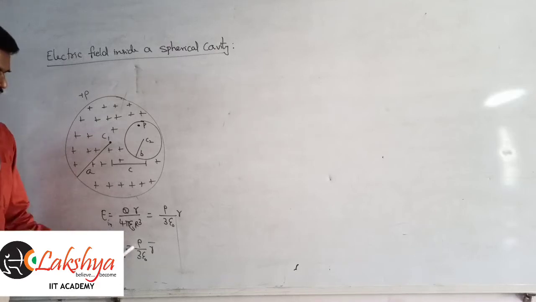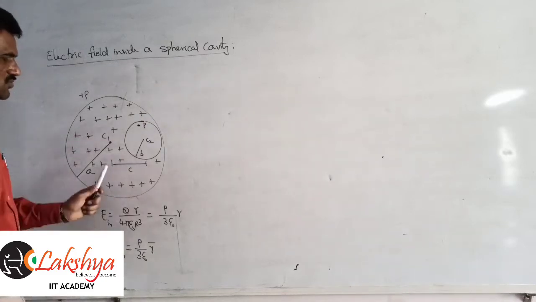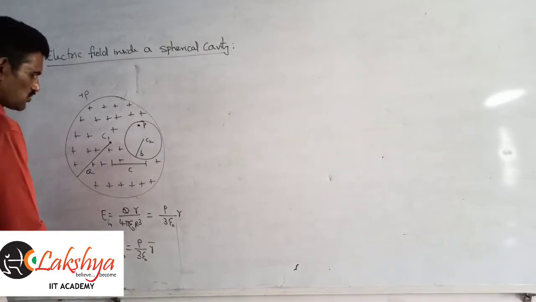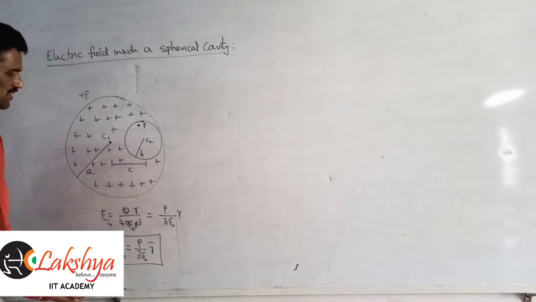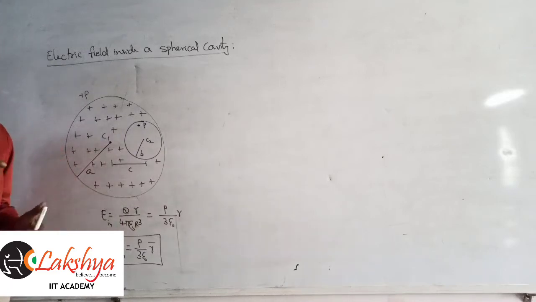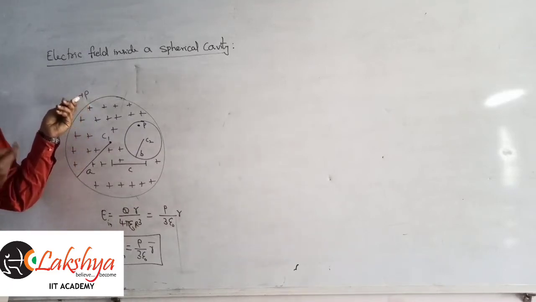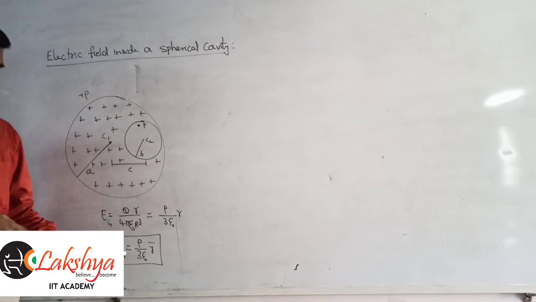Here it is a positive charge density. If you solve the problem in terms of charge density, the calculation will be easy. Even if q is given in the problem, convert that into rho, and in terms of rho you can write the expressions more easily.